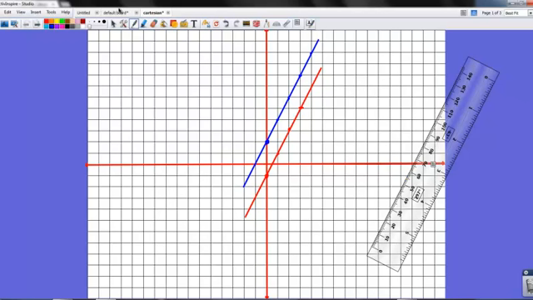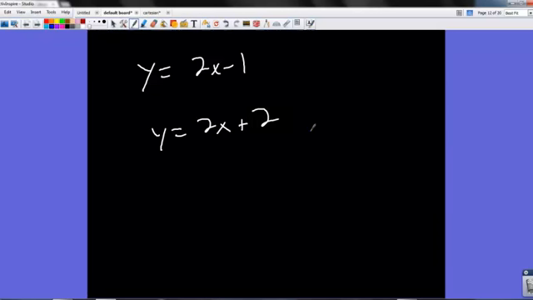The way to tell very, very quickly is look at your equations. Get them both in slope-intercept form. Now, parallel lines have to have the same slope, which we discussed a while back in graphing. So look at your slope. If these numbers right here are the same, the lines are parallel and there is no solution.